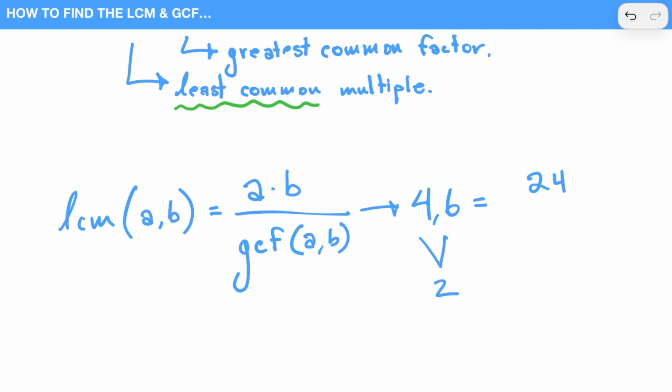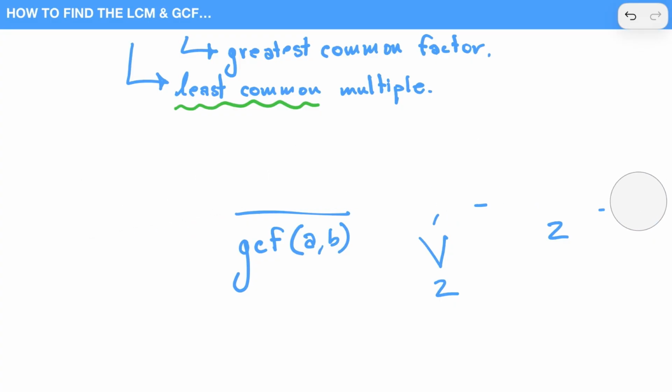Well, that's 2, and if I take 24 and divide by 2, sure enough, that gets me the answer that we got of 12.